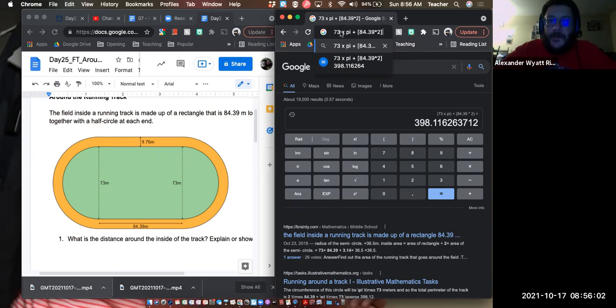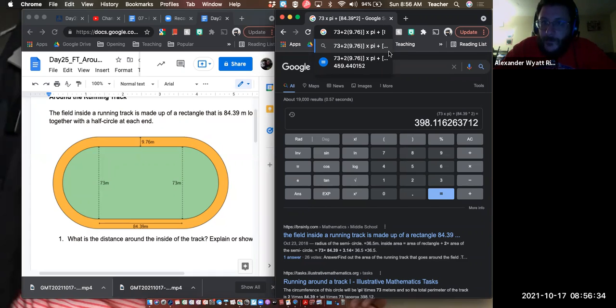Now, you see how that's 73? The 84 doesn't change because it's still that distance to that distance. But the 9.76 gets added twice.